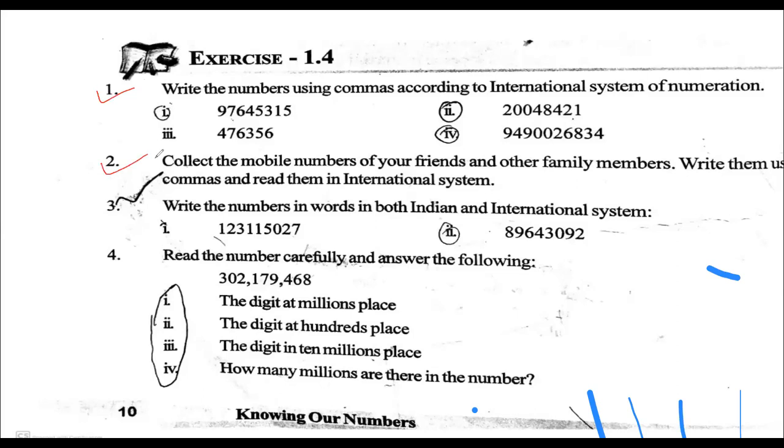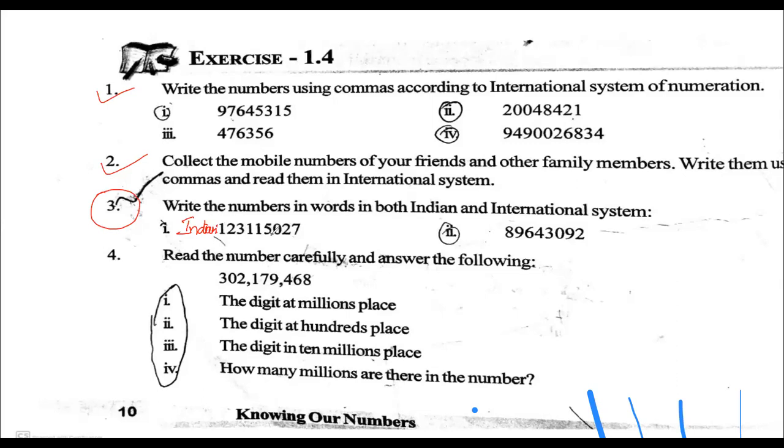And next, now question number 3, write the numbers in words in both Indian and international system. So we'll take the number and write, first of all, give the commas according to Indian system. Indian system lo commas use cheddam now, first of all.